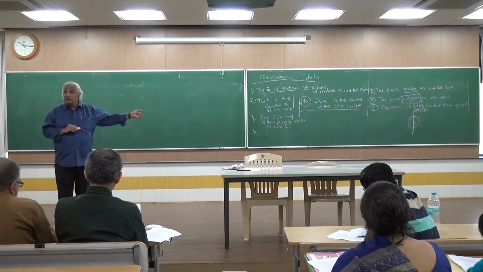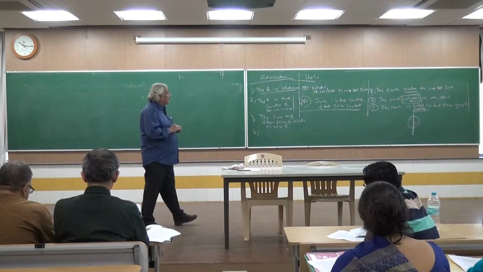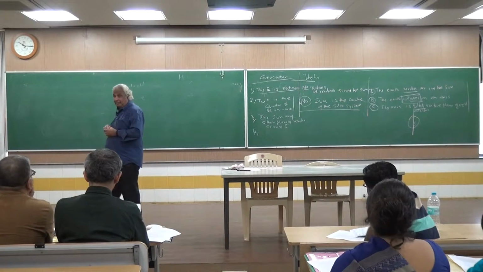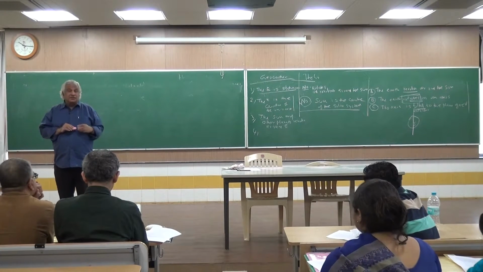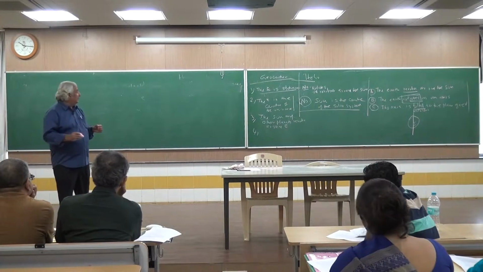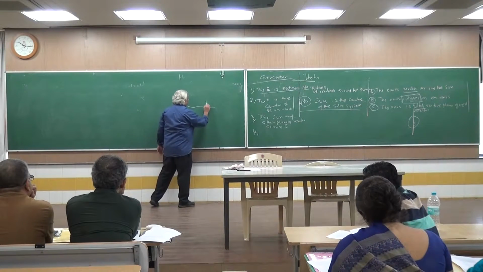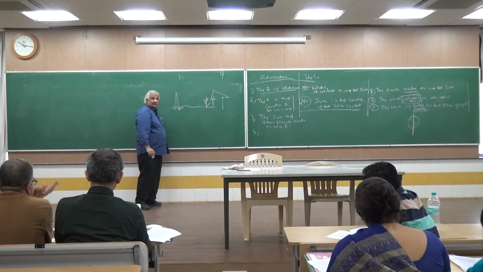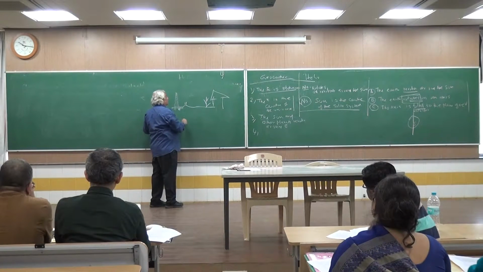I'm not sure about which phenomenon to pick after this, but it's a good idea to pick, after going through the sun's daily movement and the stars' daily movement, the sun's yearly movement. So if you look at the horizon, let's say this is the horizon and there are trees and there is a house here. If you look at the sunrise every day, you find the sun rises here one day, the next day it rises here, next rises here.